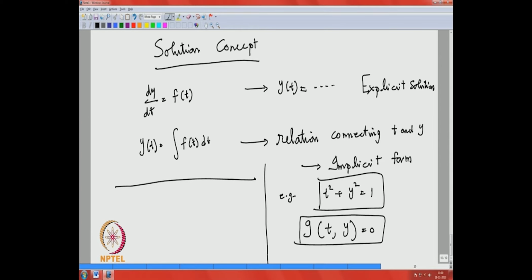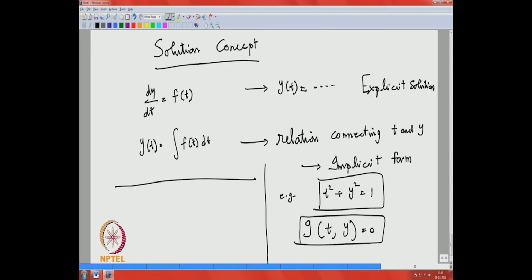You may have a solution which you may not be able to represent, and that is where the theoretical study of existence and the numerical computation of these differential equations come into the picture.